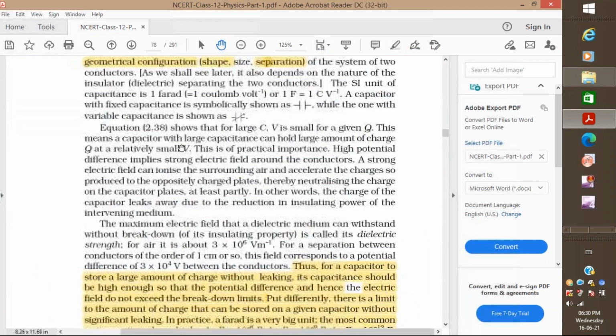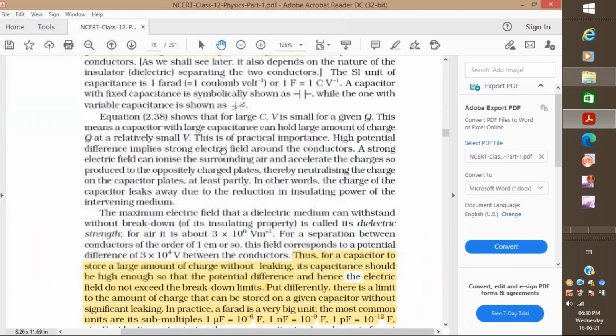If you have more charge stored in the capacitor, what will happen? More charge means more potential. We need a condition for a capacitor to work properly without any breakdown: V, the potential difference between the conductors, has to be very, very small.